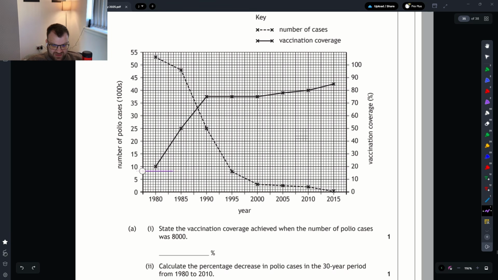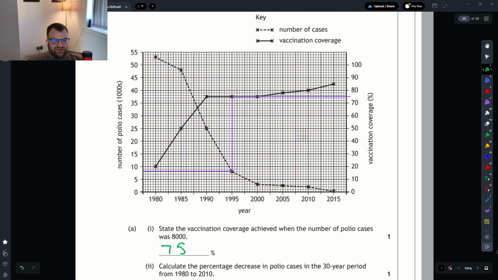So 8 cases goes to this one. Now that happened in 1995, but we're asked for the vaccination coverage. So because it's the same year we're talking about, we can run up our line and then we can run it across to the other side. Comes out halfway between 80 and 70. That must be 75 as our answer.